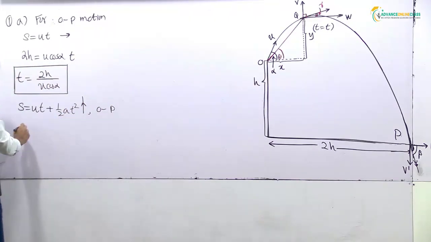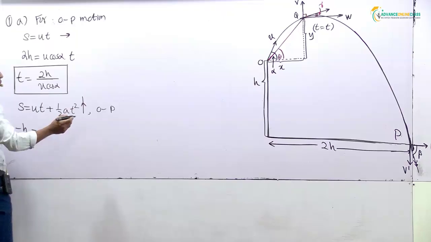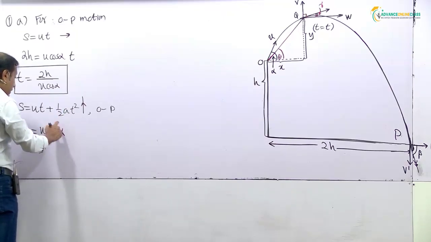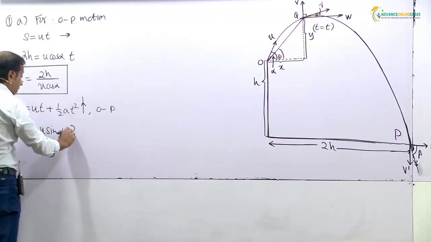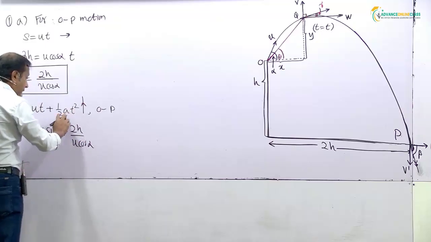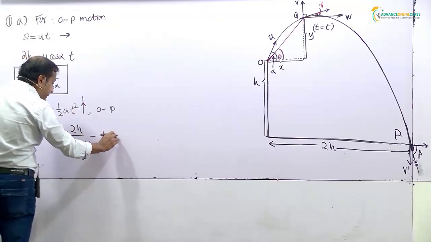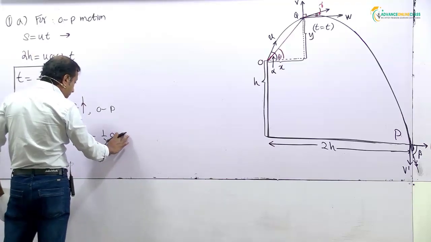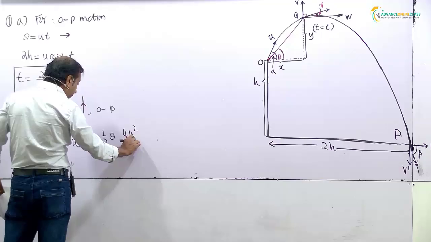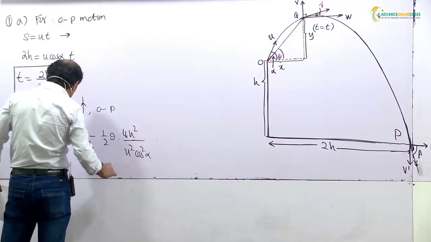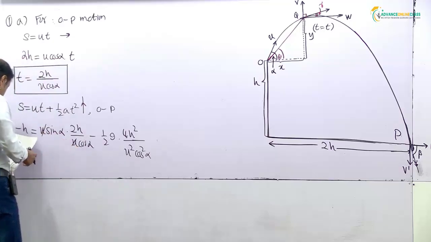Therefore h should be minus h. u should be u sine alpha. t is 2h over u cos alpha. a is negative g. t squared is 4h squared over u squared cos squared alpha. Here you can cancel this down.